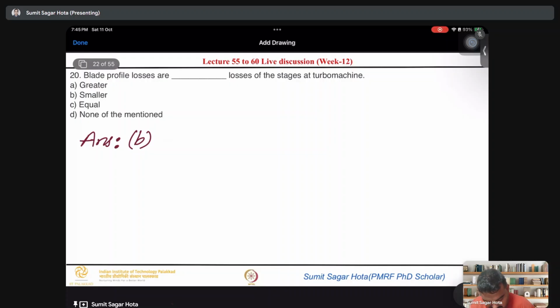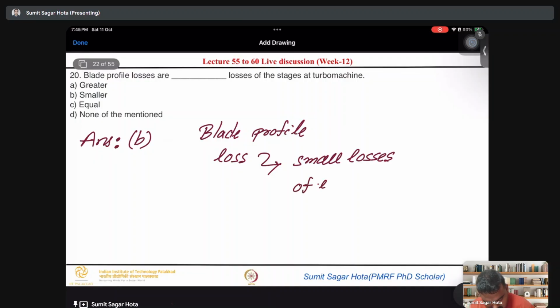So the blade profile loss is the small losses of the stages of a turbo machine.